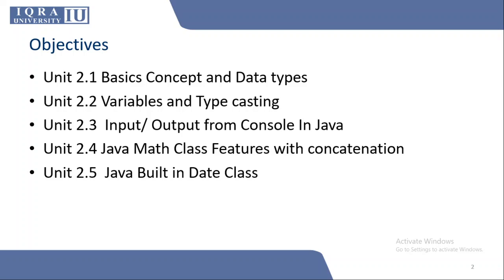Unit 2.2 will discuss variables, what variables are, and typecasting. Unit 2.3 will discuss input output from console in Java, that is how to take input and how to print our desired output on console in Java language.